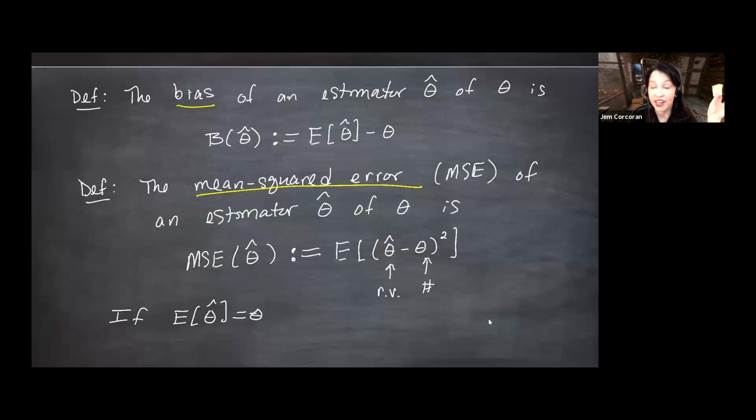So this is a variance term. The mean squared error of theta hat is actually the variance of the random variable theta hat, because if you want to compute that variance, you'll subtract its mean, right? And if it's unbiased, that's theta. You'll square it and compute the expected value.